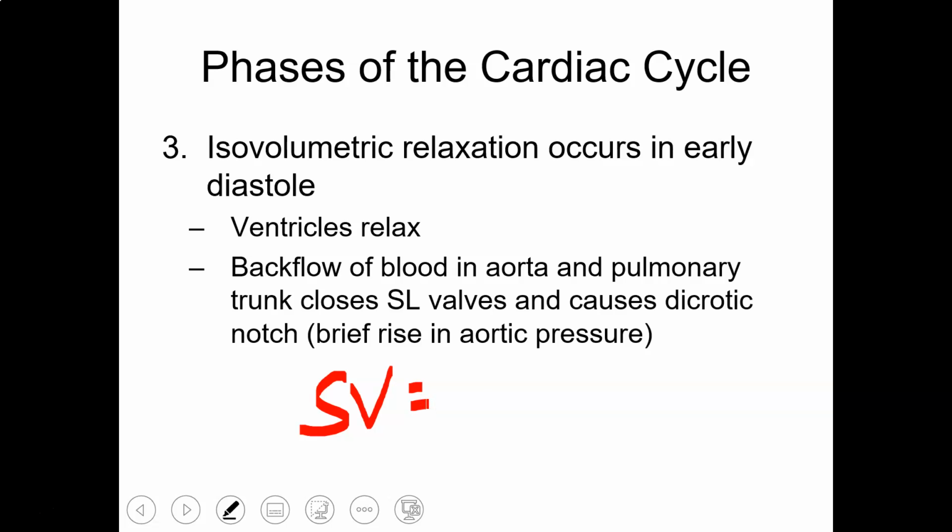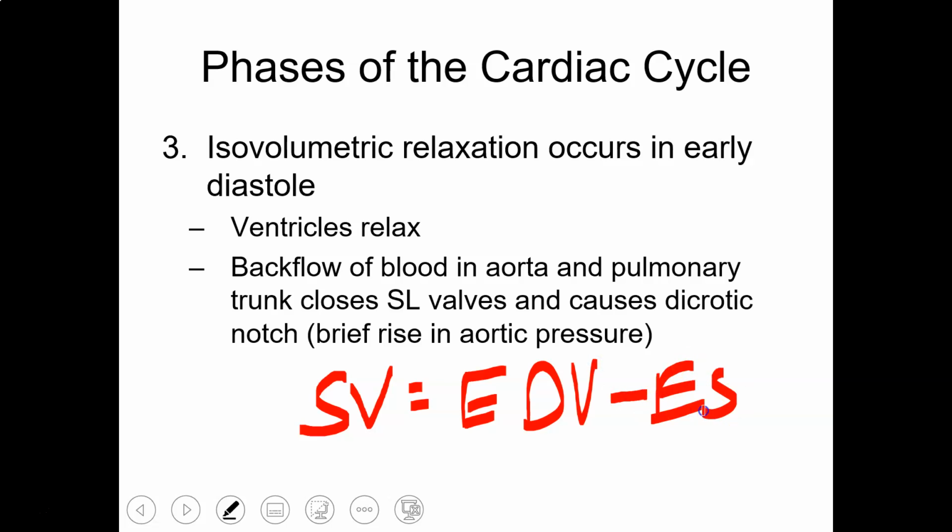Stroke volume is the end diastolic volume minus the end systolic volume. How much blood went in minus how much blood is left over. That tells us how much blood went out with a heartbeat. And that's what the stroke volume is. The stroke volume is how much blood exited with that heartbeat.